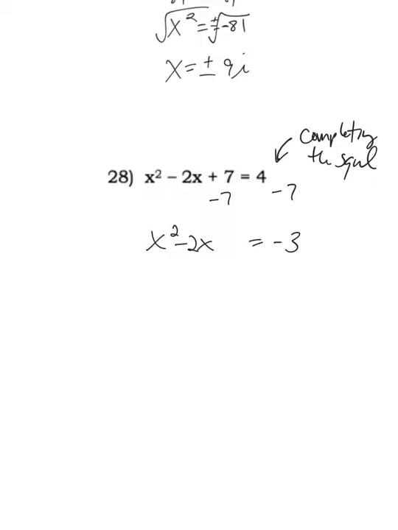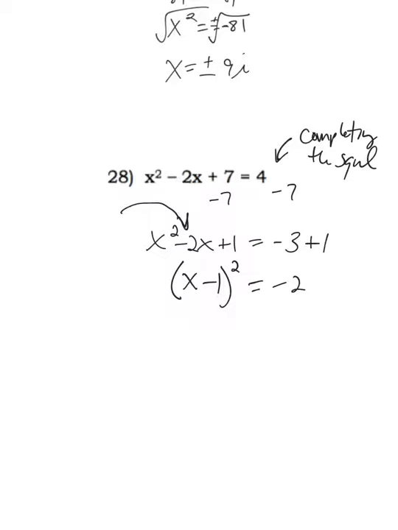And then I wanted to complete the square, so I have to take half of b, half of negative 2 is negative 1, and then square it. So I would be adding 1, and I can't add 1 to one side, I gotta add it to both sides there. Okay, that's great. And so now I can write this as x minus 1 squared, I made that a perfect square trinomial, equal to negative 2. So I just completed the square to change this.